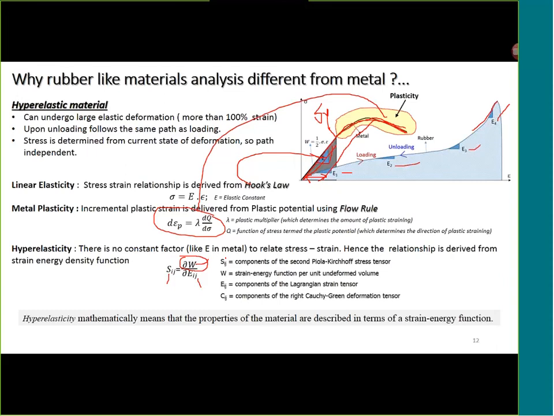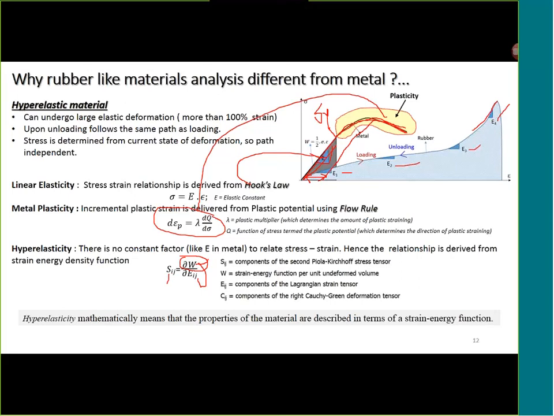If you take a derivative of this, we get the stress. Mathematically, hyperelasticity means it's a property of the material which is described in terms of the strain energy function. So if any material constitutive law is written in terms of the strain energy density function, then you can say that material is a hyperelastic material in mathematical terms.